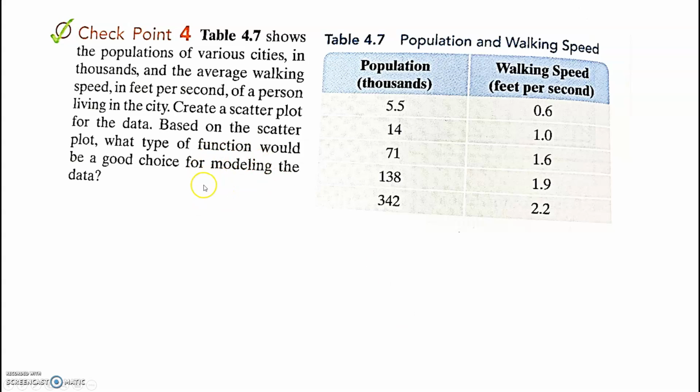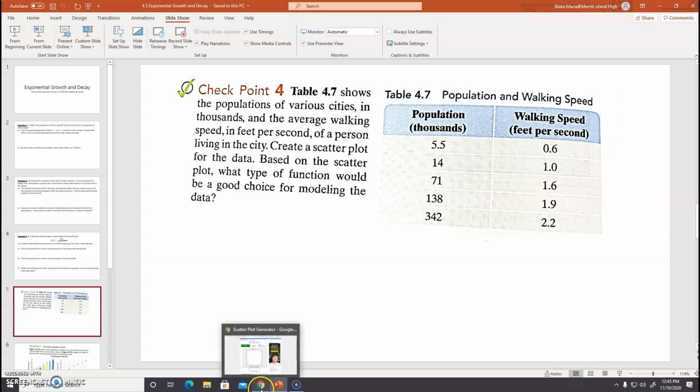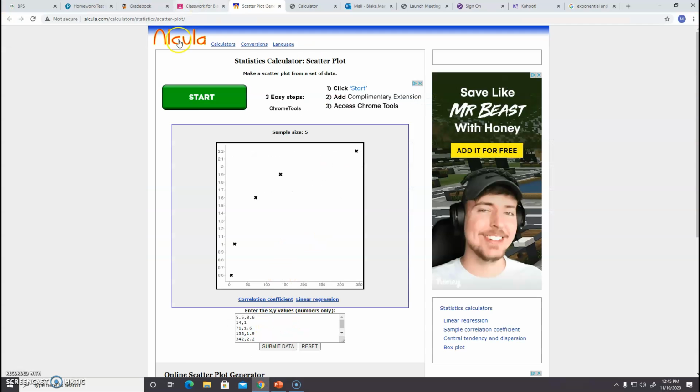This next one, I did post a link for a scatter plot where you can just type in the coordinates and it'll do a scatter plot for you. I posted this link on Google Classroom, typed in my coordinates, and it gave me this plot. So they're asking what kind of model would you use?